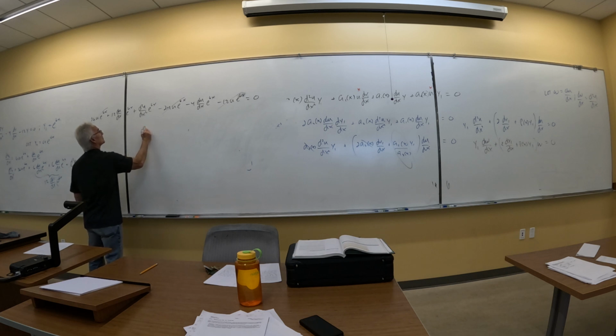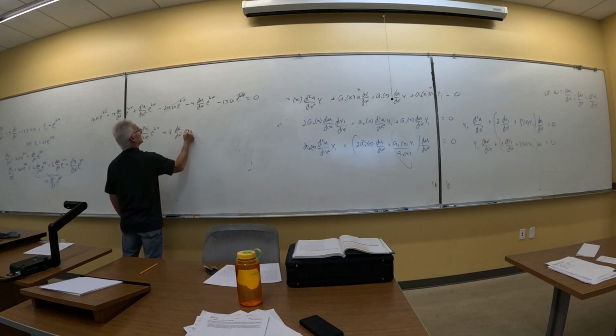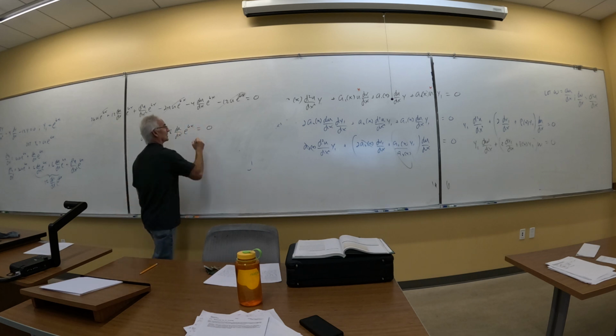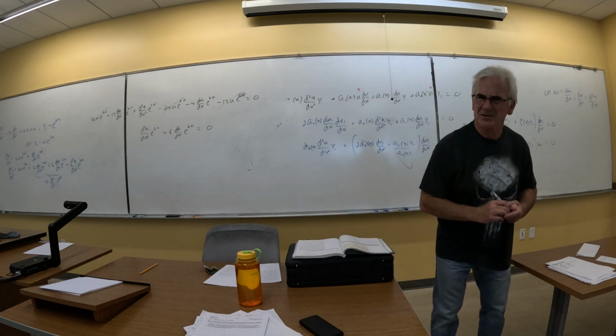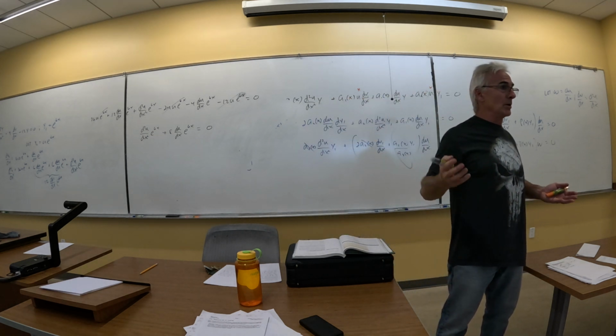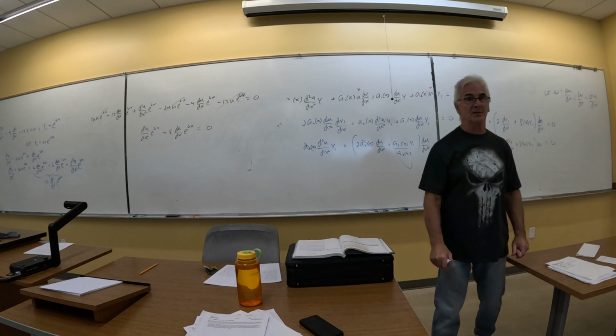So d squared u dx squared e to the 6x plus 8 du dx e to the 6x equals 0. This doesn't look anything like the derivation, does it? This looks small and harmless. Well, I just said everything's going to combine and cancel once we actually have specific functions in there. It won't look this ugly.